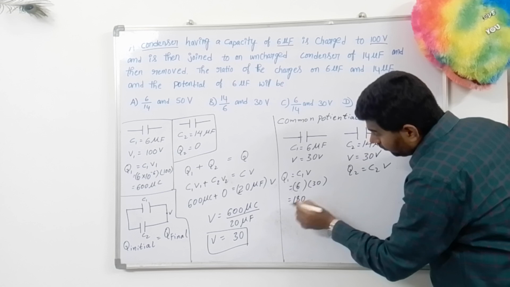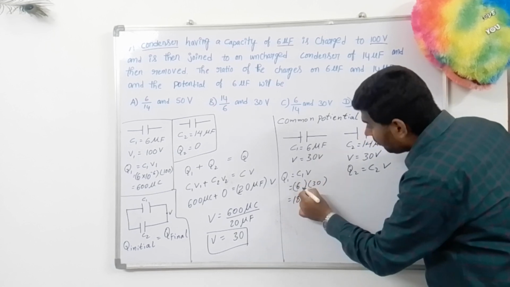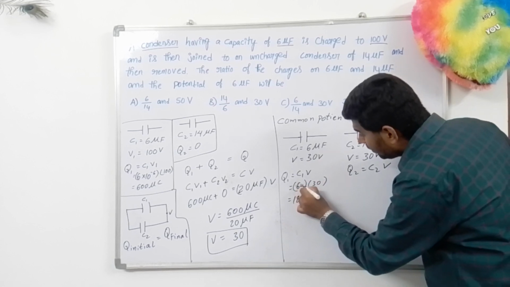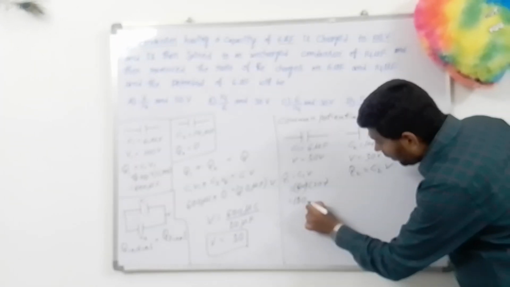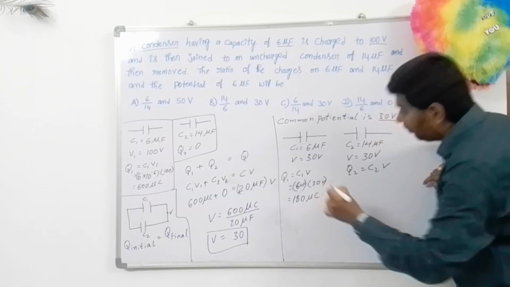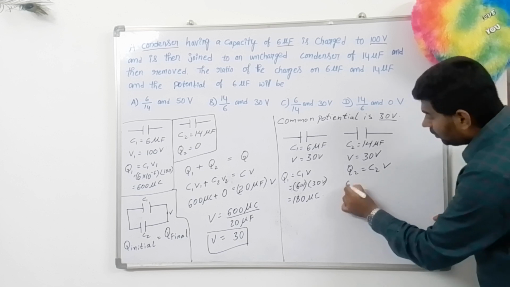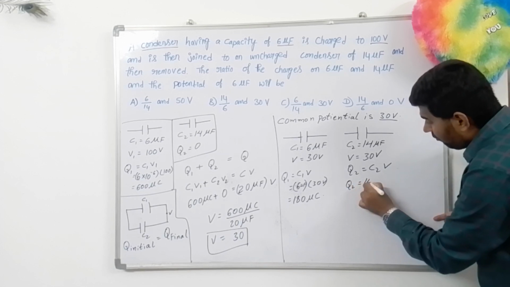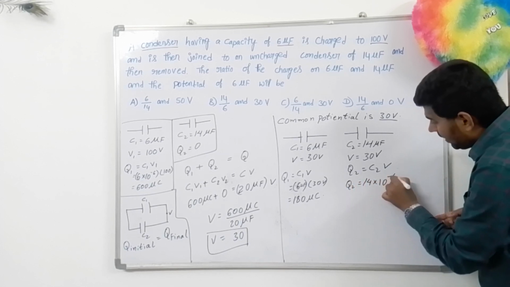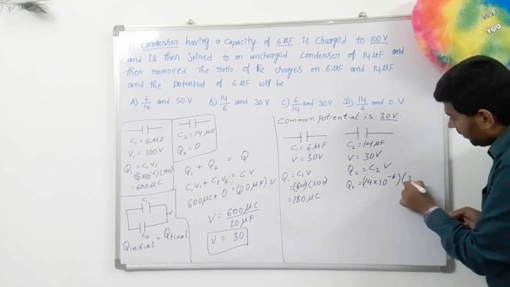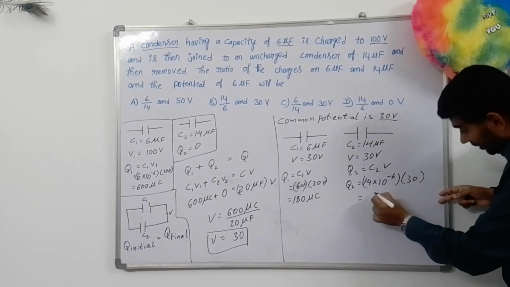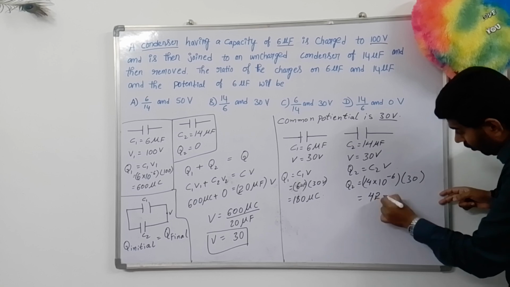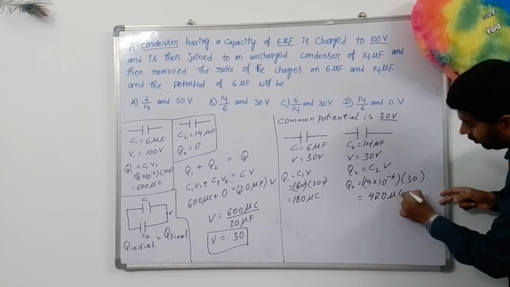For the 6 microfarads and 30 volts, I got 180 microcoulombs. Here Q2 is equal to 14 into 10 to the power of minus 6 multiplied by 30. I got 14 times 3 is 42, 420 microcoulombs.